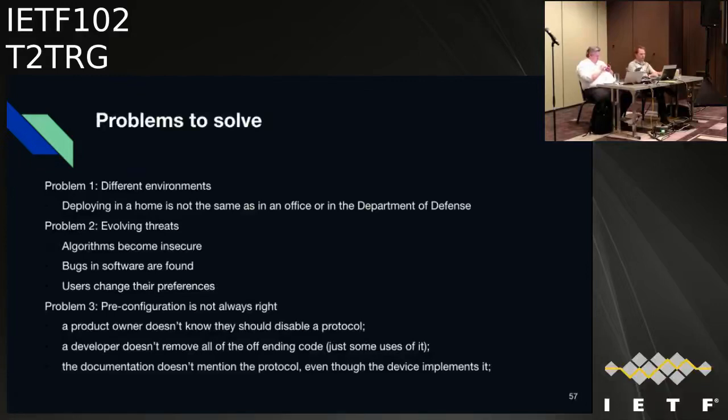And the third one is that sometimes you just manufacture devices and put them in the field with some pre-configuration, and errors could also happen at that point. Maybe it's not known that a protocol needs to be disabled, or maybe a developer does not remove all the code that should be removed, or maybe the documentation does not state that a specific protocol is in it.